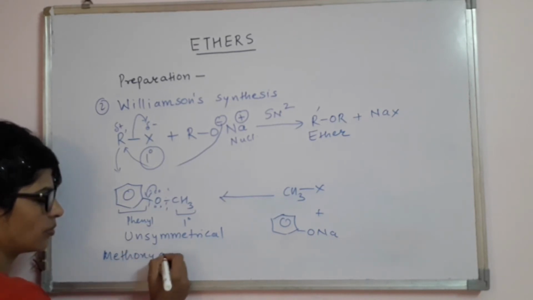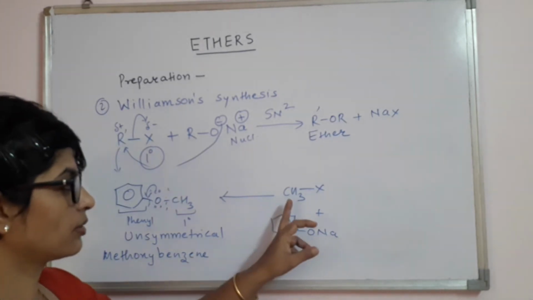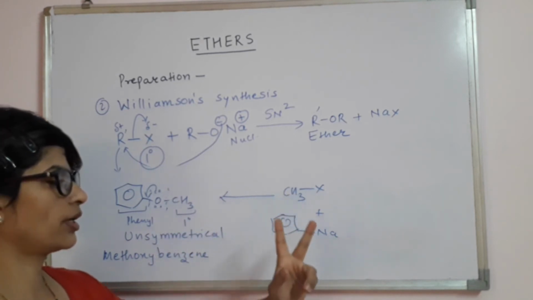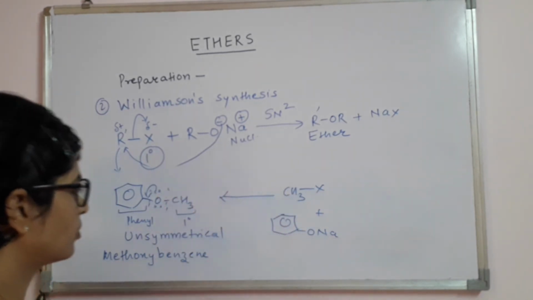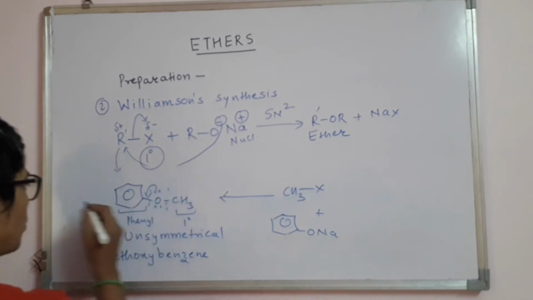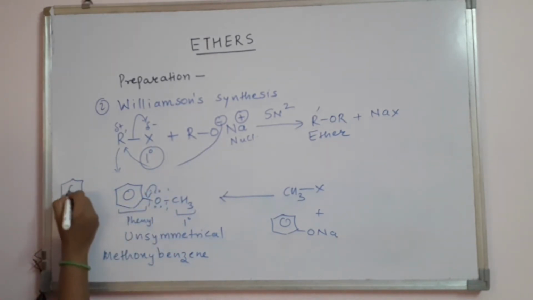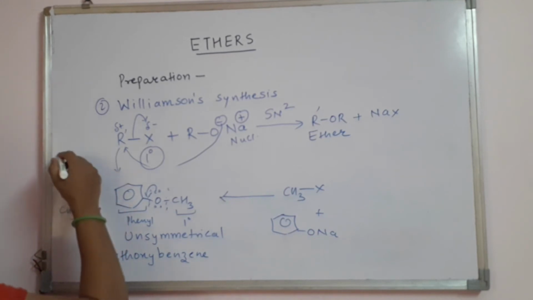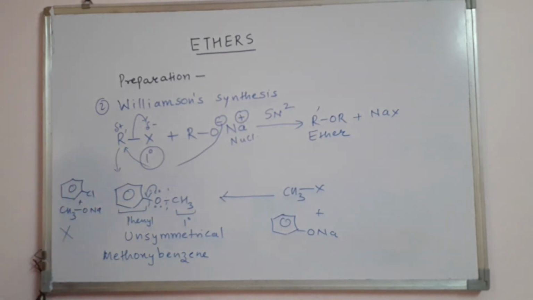then the right choice will be, I will write down the name, methoxybenzene. If I want to prepare this compound, then I will have to take methyl chloride and sodium phenoxide. If you think that I will break this bond and I will use chlorobenzene plus CH3ONa, that is a wrong answer, because chlorobenzene will not undergo nucleophilic substitution reaction.